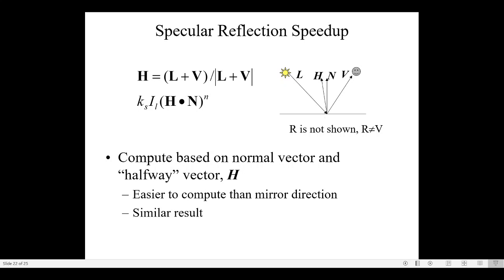Here we can consider the halfway vector, which is halfway between vectors L and V. The halfway vector can be calculated as H equal to L plus V divided by the magnitude of L plus V. So the mid vector can be calculated from L and V. This H vector makes some angle with the normal vector, and then the same term can be represented in terms of the halfway vector as Ks into Il into (H.N) raised to ns.